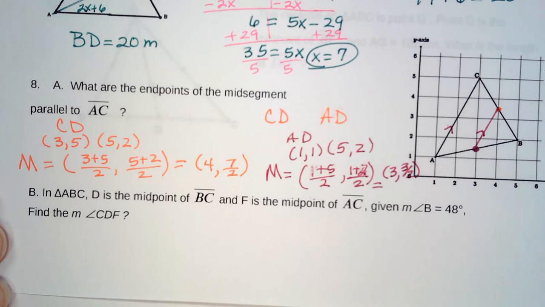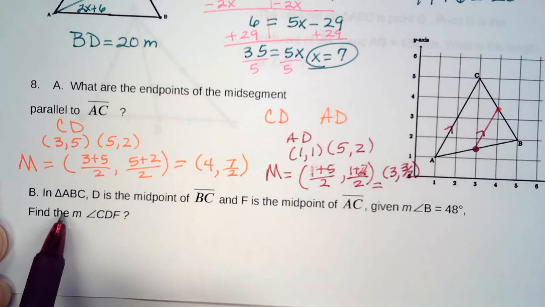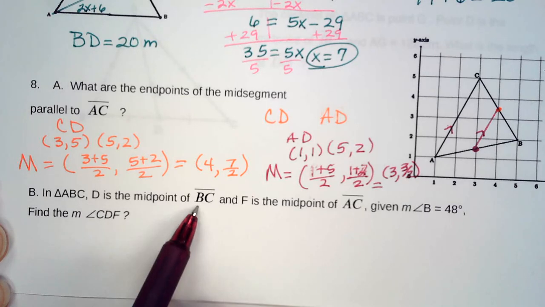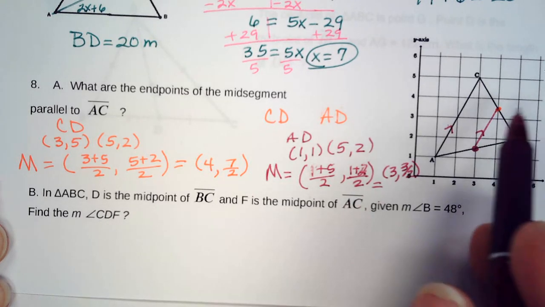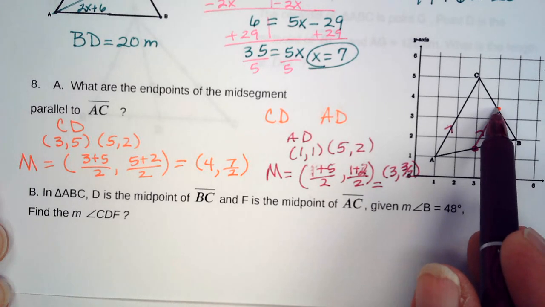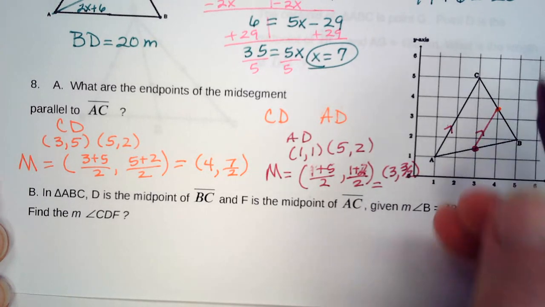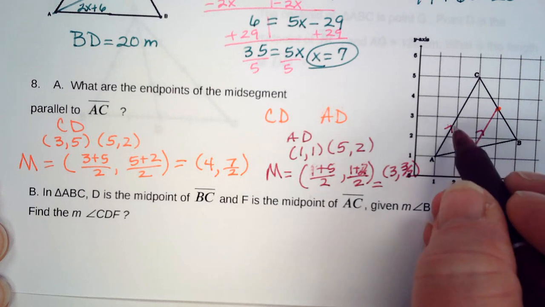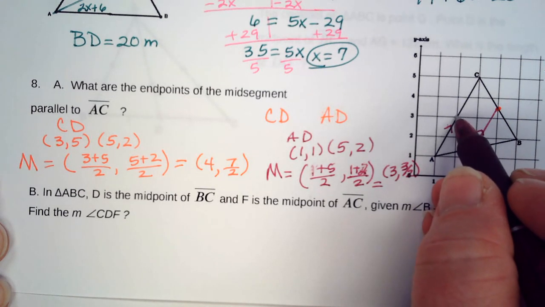Okay, on the next one, this time they've kind of changed it around. We know that D is a midpoint of BC, so that would be here. And we know that F is a midpoint of AC, so that would be right in here.